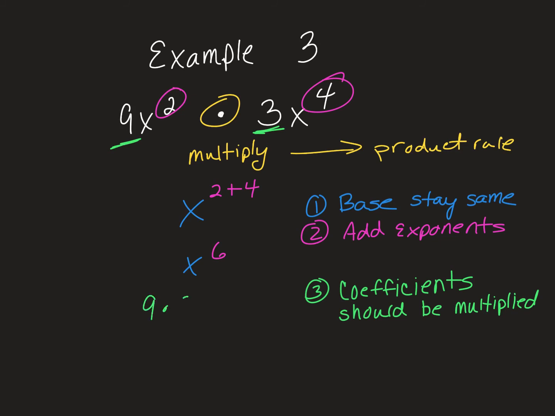So 9 times 3 is 27, of course. So now we're going to put it all together. We multiplied those coefficients and got 27. We multiplied 2 x's together, then we multiplied 4 more x's for a total of 27 x to the 6th power.